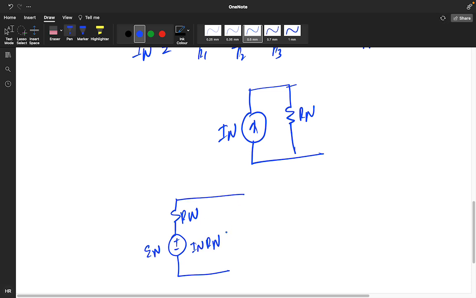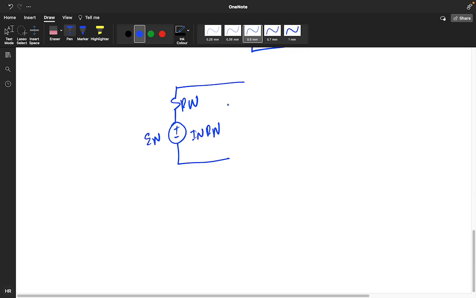So you can make the circuit like this. So what is the equation of E you will get? En will be In into Rn, where the In value will be E1 by R1 plus E2 by R2 dot dot dot En by Rn.